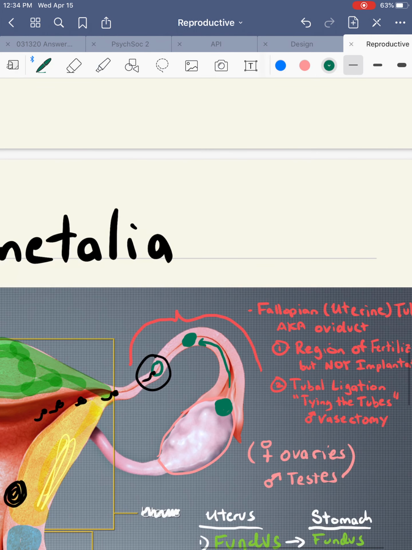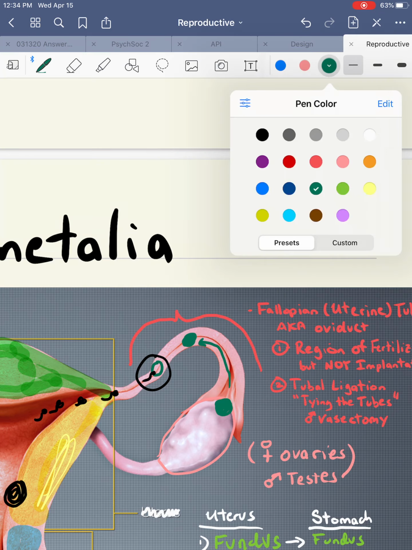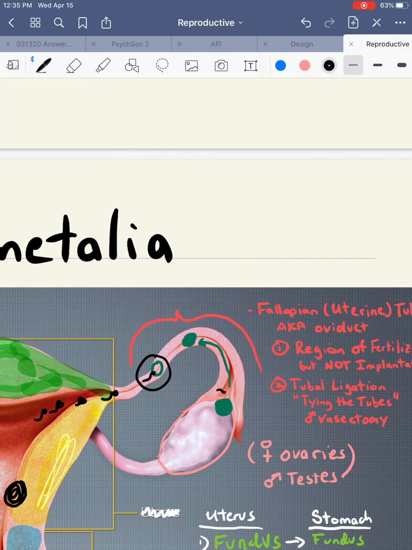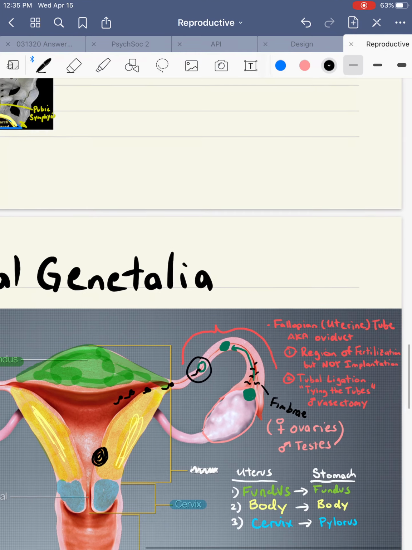There's actually these hair-like characteristics called fimbriae. And they are ciliated, so they're going to move the egg into the fallopian tube, right?